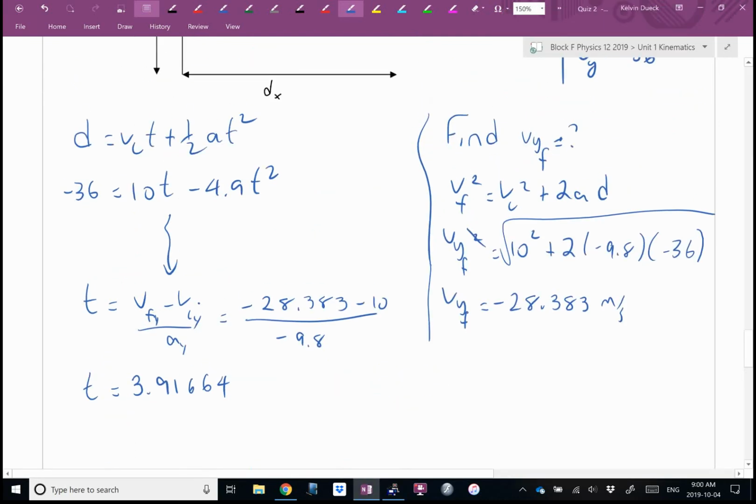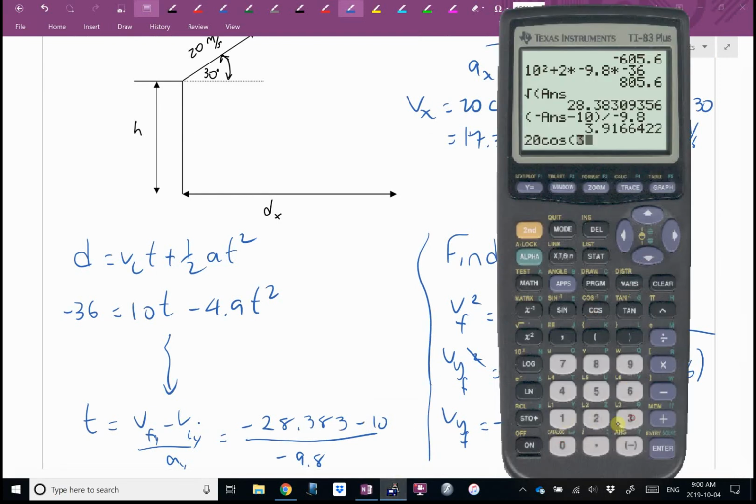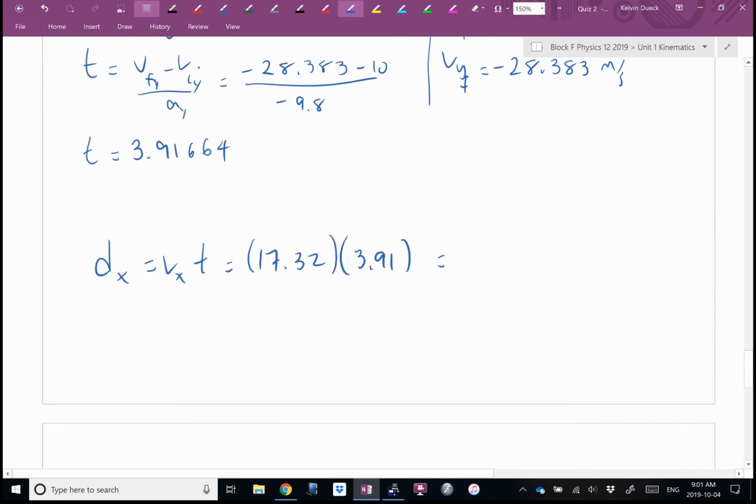Just to give you an exact value, 20 cos 30 times answer button. No? You should have got 67.8. I'd probably take 67.7. I might take 67.9 as well. 68 meters if you go to 2 sig figs, but I usually go to 3. Is that right? People nodding? Okay. 67.8 meters.